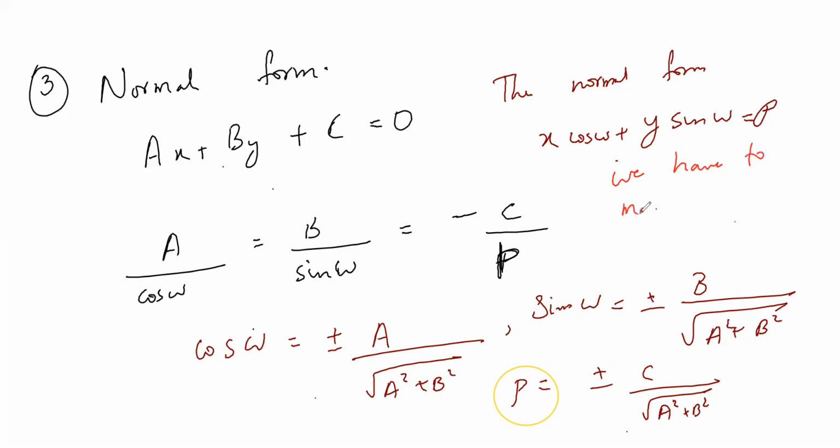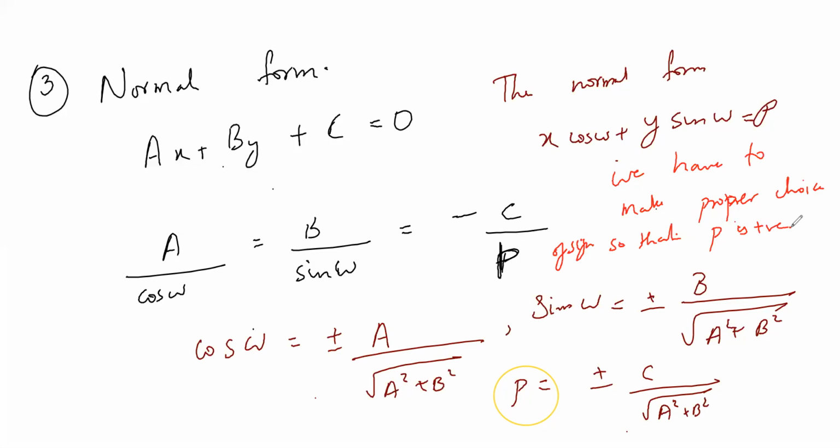We have to make the proper choice of signs so that p is always positive. This thing we will be knowing once we are doing a problem respectively.